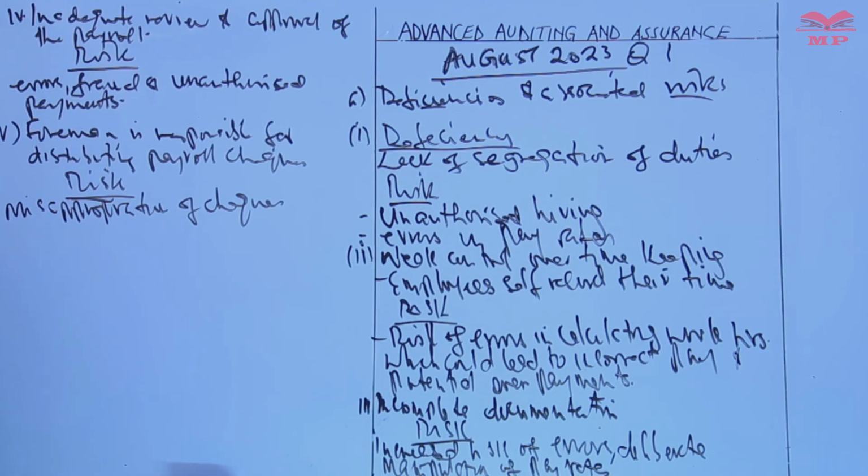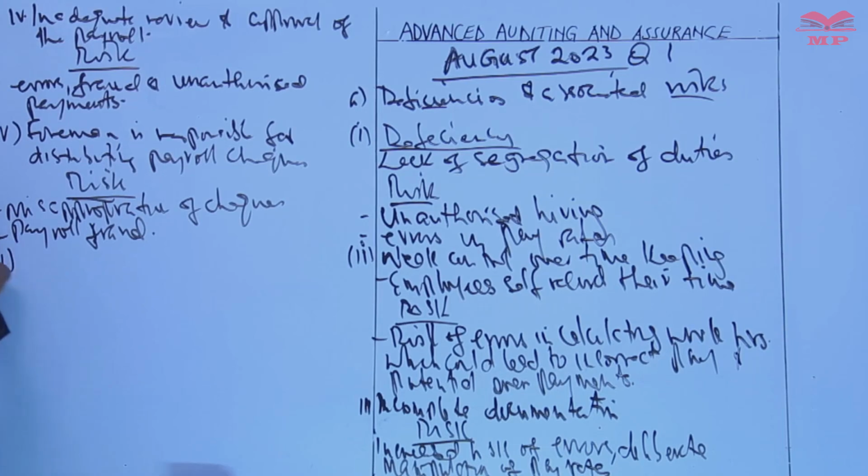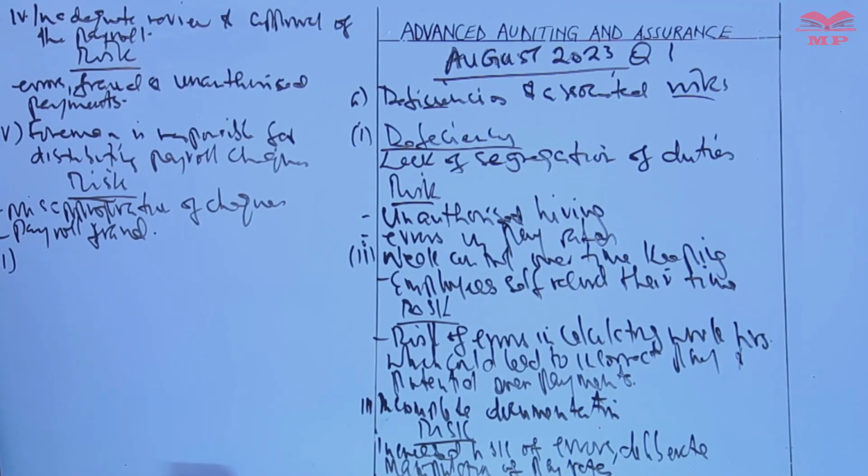That increases the risk of misappropriating the checks, potentially leading to disputes with employees or even payroll fraud. There is the risk of payroll fraud. That is the deficiency and risk number 5. You understand, candidates?